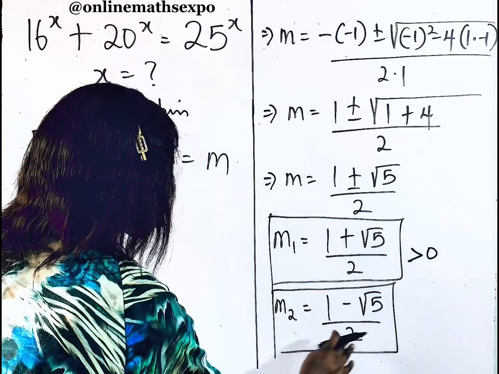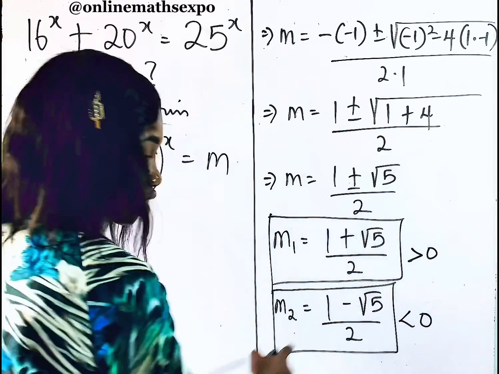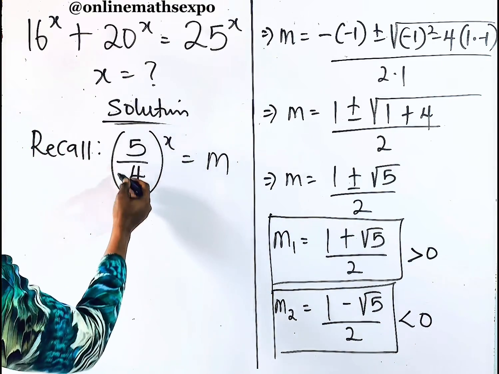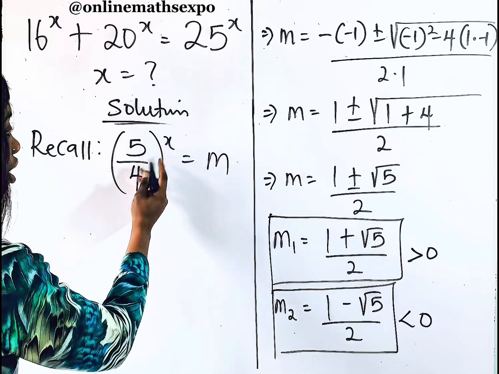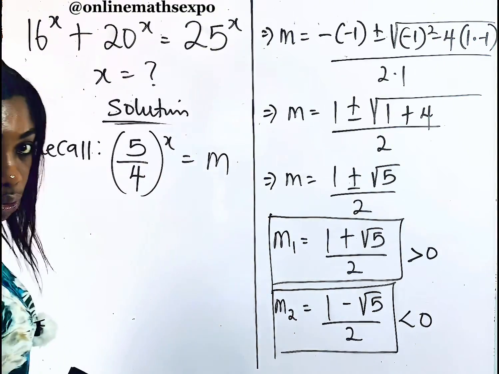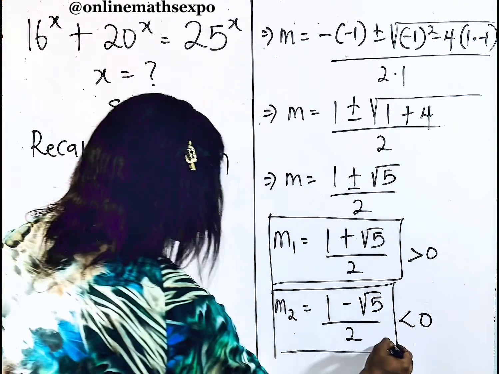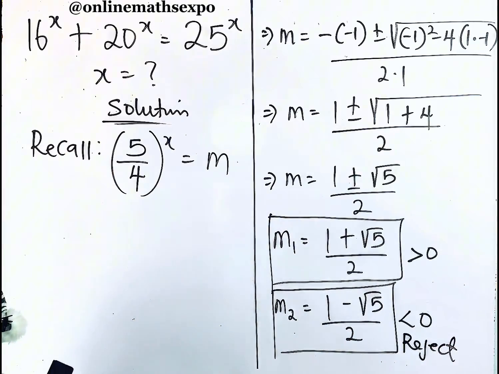But when you simplify this, it gives us a number that is less than 0, which is negative. And if you look at this, the base is a positive base. And you cannot raise a positive base to a power to give you a negative result. In that case, we are going to reject this value of m because it's not a solution.